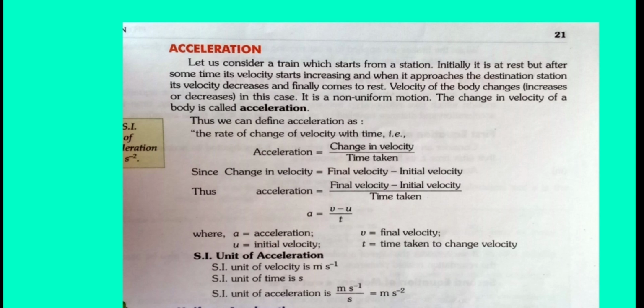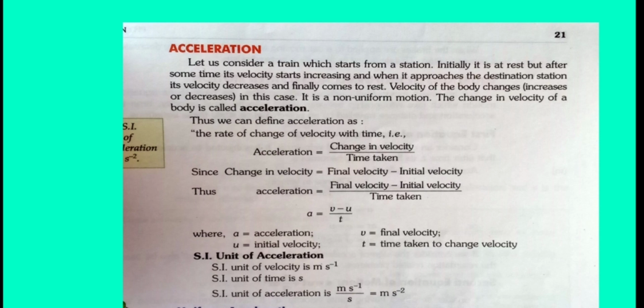Initially the train was at rest, then slowly the velocity increased, and then when it was nearing the station, the velocity decreased, and then finally it halted. So this is an example of non-uniform motion, or we can say that the train showed an example of a body moving with non-uniform velocity.